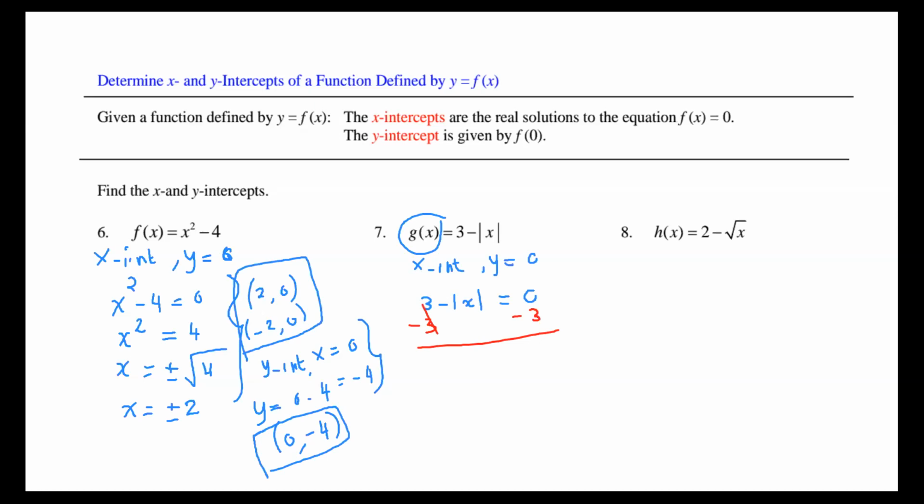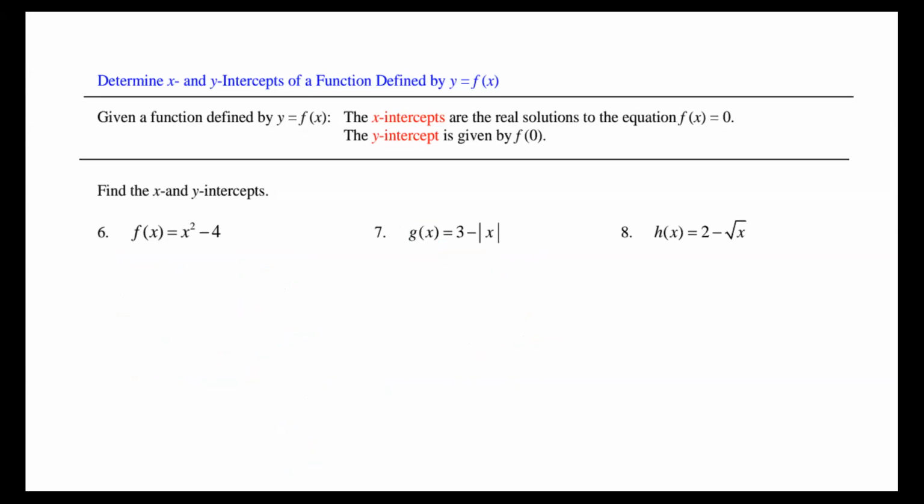So we get negative absolute value of x equal to negative 3. So when you cancel the negative on both sides, we get absolute value of x equal to 3. I'm so sorry.